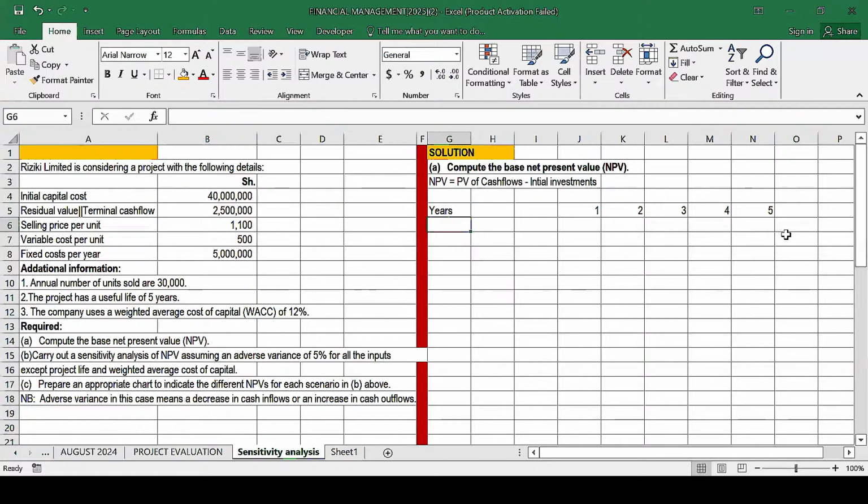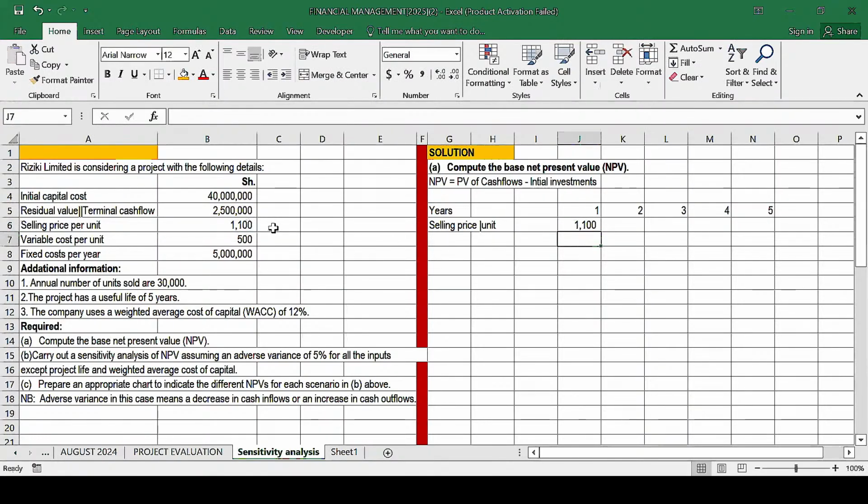So the first thing we will have here is the selling price per unit, which will not change. The selling price per unit will be equal to what we have here. Although in an examination setup you may just work with those figures the way they are, let's have it here.